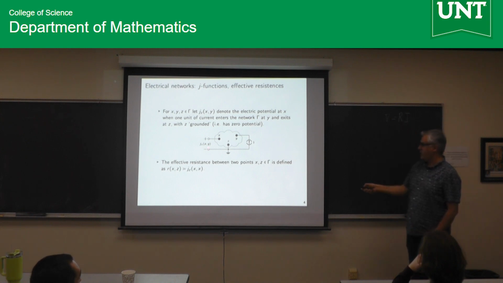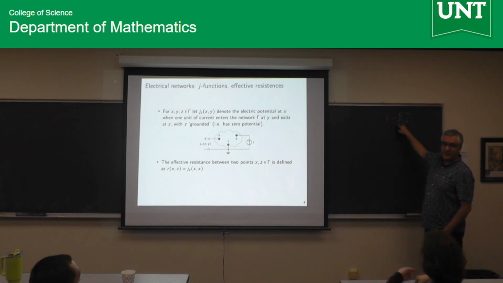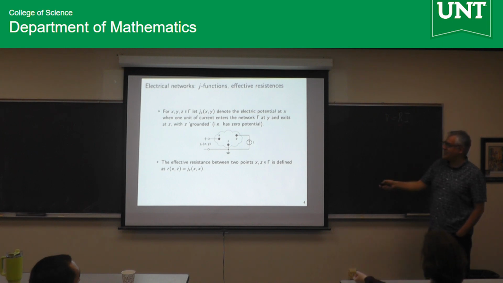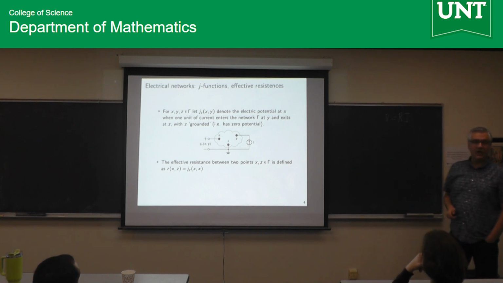And in this picture, what I'm going to do is I'm going to say X is equal to Y. I'm going to look at the potential difference at Y and Z. Then the resistance is precisely what I'm measuring. So resistance between Y and Z is the diagonal of that J function. Is that clear? So I'm putting my probe exactly at Y, this X is here.